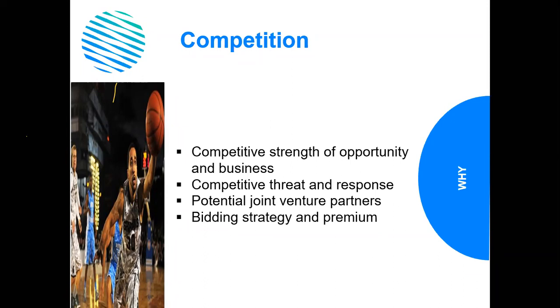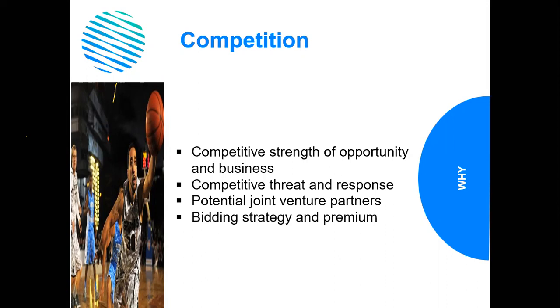And so following on from that, we need to give some consideration to any competitive threat that might be present in the market in which you're working, and how your competitors are likely to respond to the project that you're doing. So as a very high level example, we work, of course, in a natural resource business.